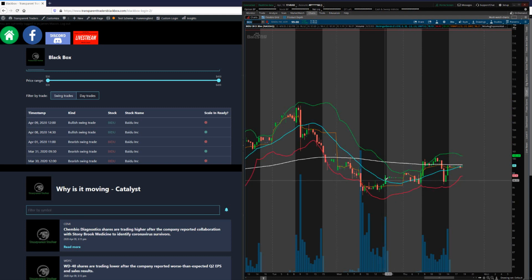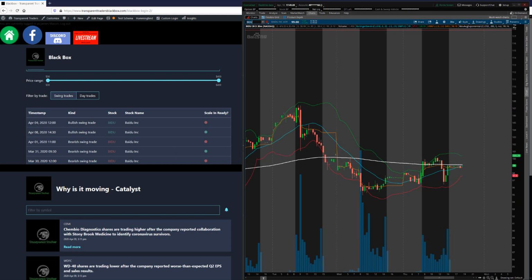So here we are, April 8th at 14:30. This candlestick alerted at 96.52 right here at the beginning of it. And then, we did have a pop the next day. It got up to a high in this first candle right here of 99.65.